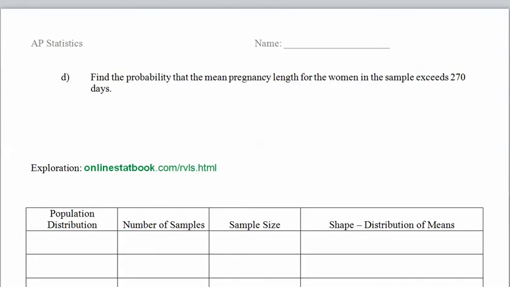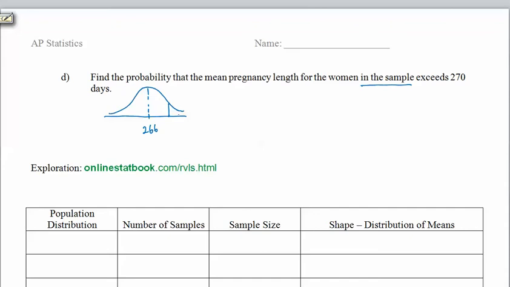Okay, so let's look at part D. It says find the probability that the mean pregnancy length for women in the sample exceeds 270 days. So once again, we'll draw a sketch. Our mean for our sample is 266.